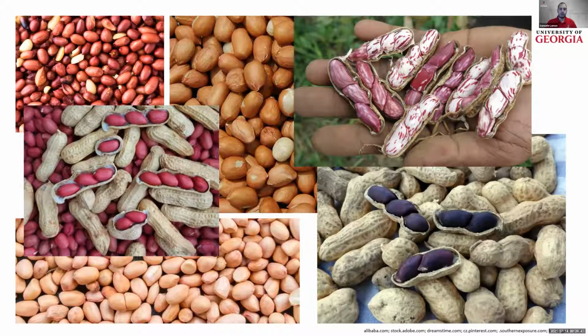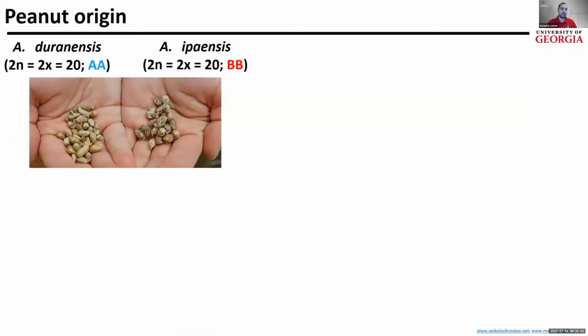However, when we compare genetic diversity of peanut with other crops, we will notice that it is greatly reduced. In fact, we say that peanut has a narrow genetic base. And this is due to the peculiar origin of peanut.